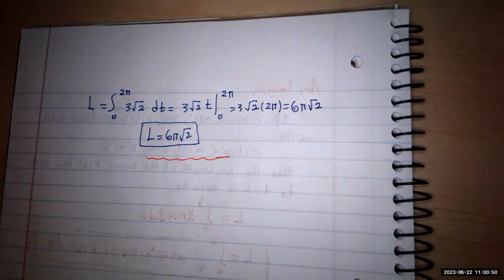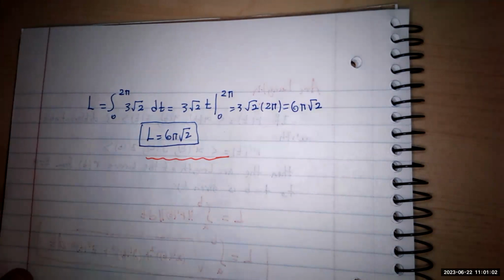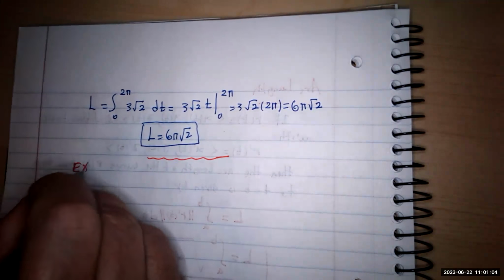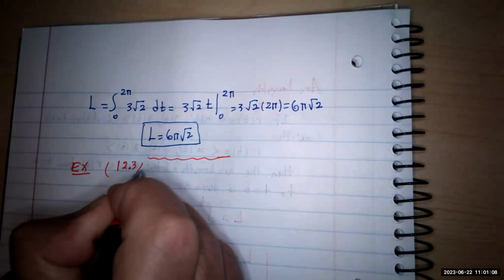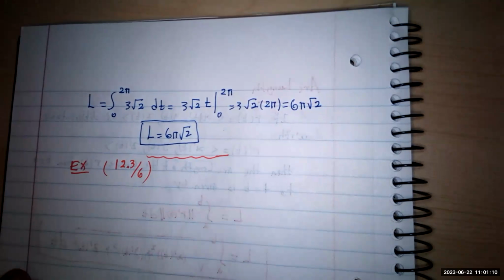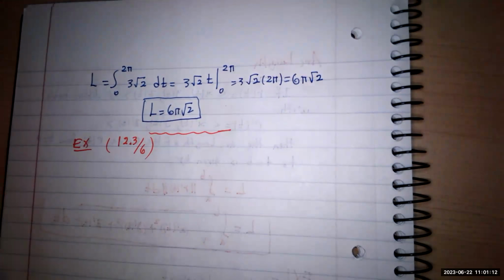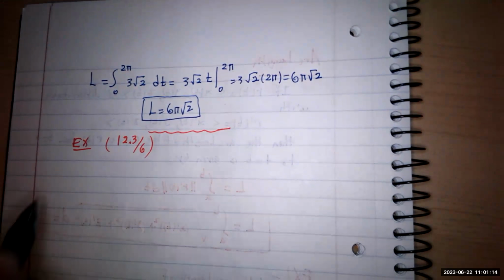Now, to show you the algebra that's going to be involved, I'll show you one of the problems of your book. Somebody asked me this one, so I just remind you. Are you ready? I think this is from 12.3, problem 6. They ask you for the arc length of this function.